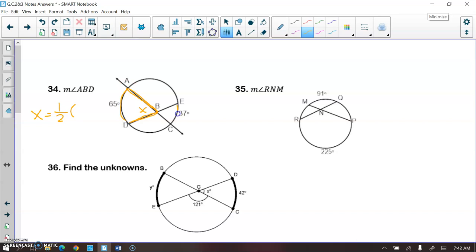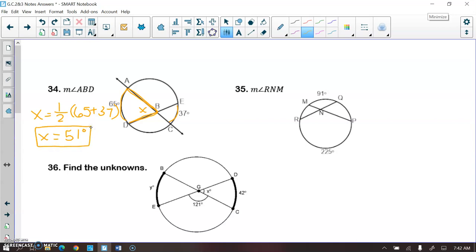So 65 and the 37. Just typing that into my calculator, 65 plus 37 is 102, and then divided by 2 or times 1/2 gives us that X is 51 degrees.